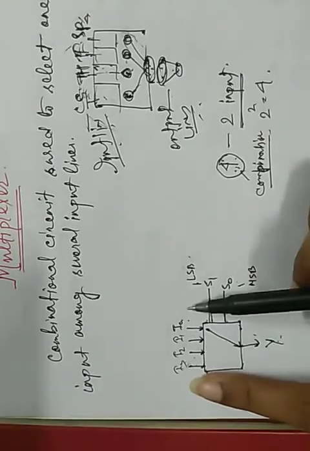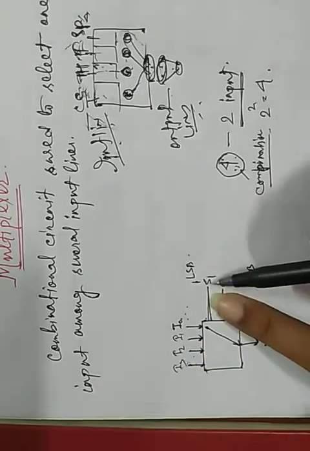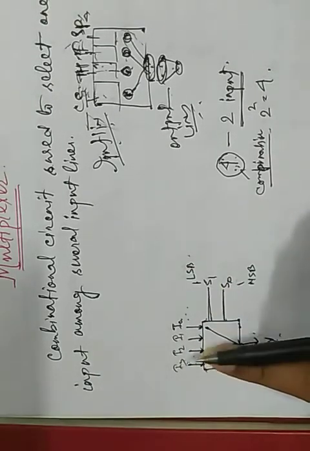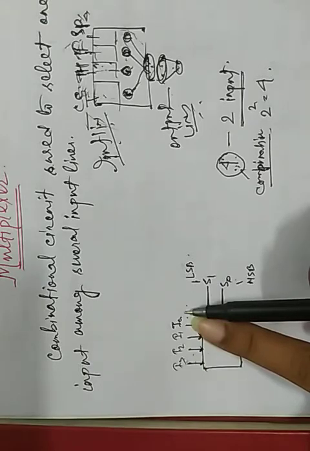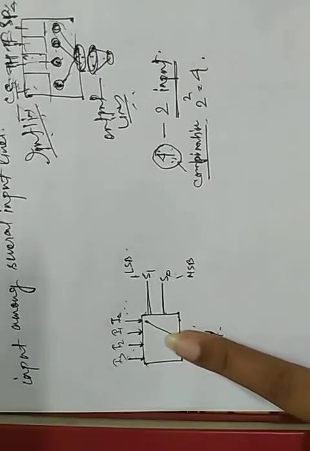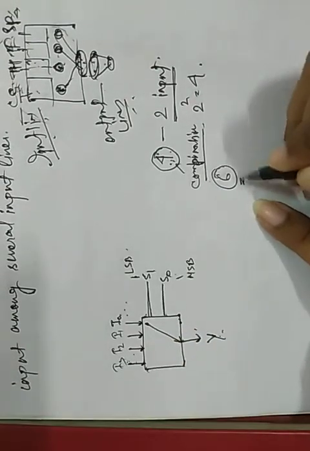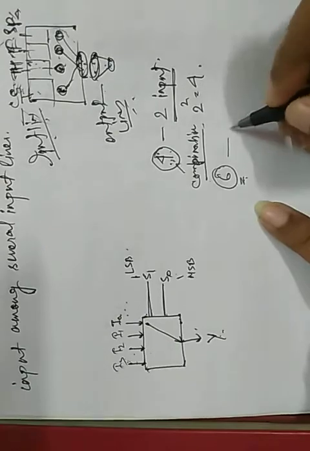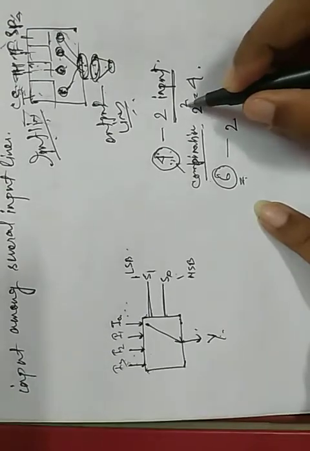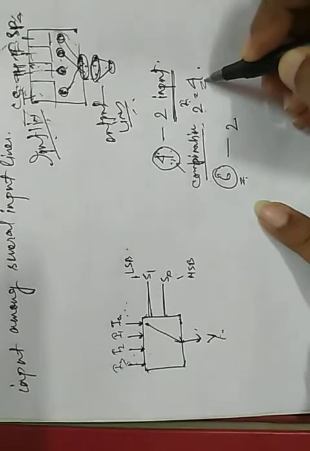If there are suppose 6 input lines, 2 selection lines will not work. Then our combinations will be 6. In order to get 6 combinations, 2 to the power 2 will not work, as it gives only 4 combinations.